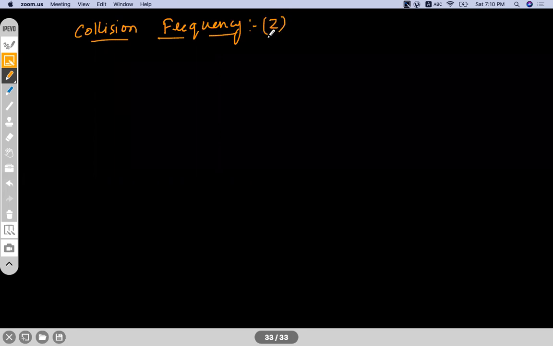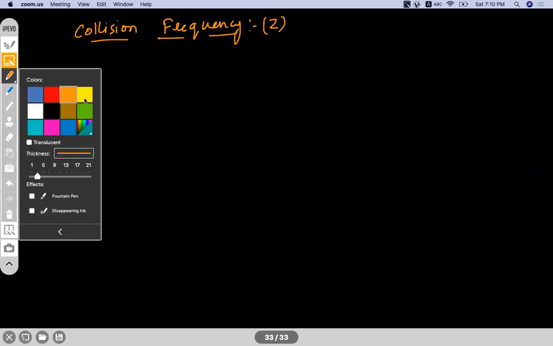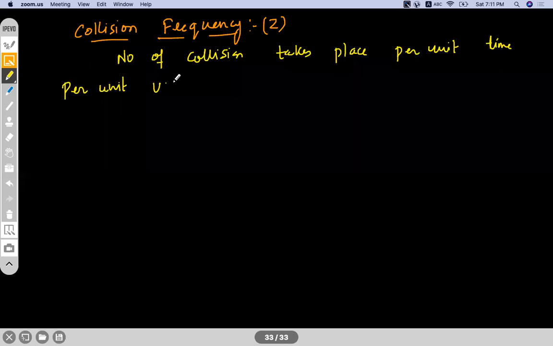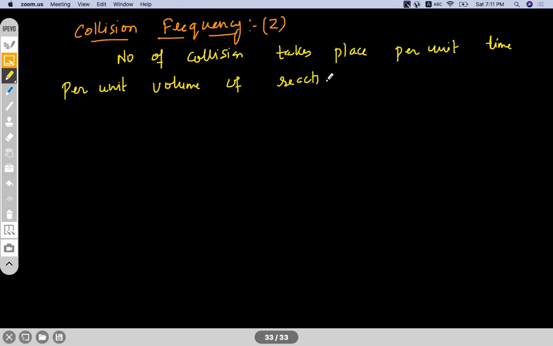It is represented by Z, and don't get confused with compressibility factor.